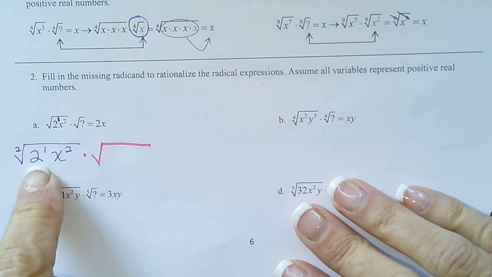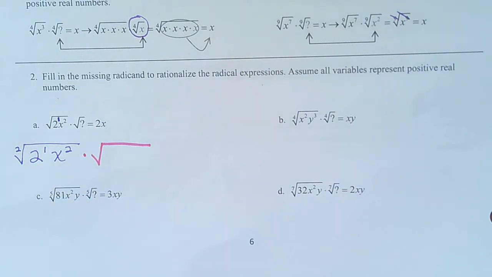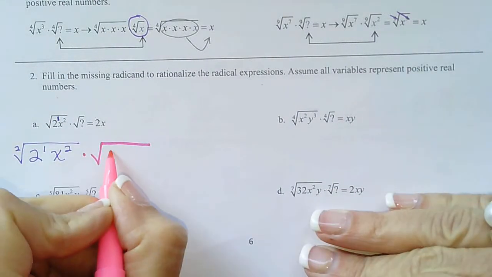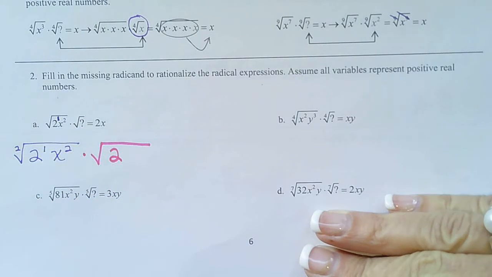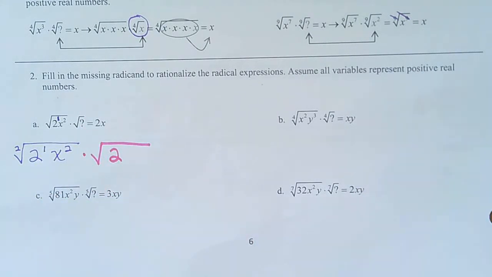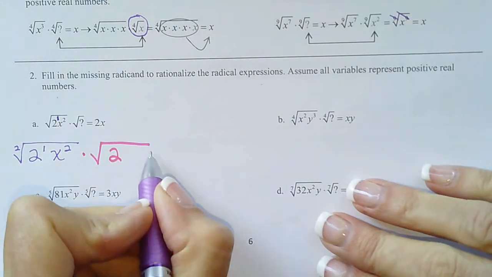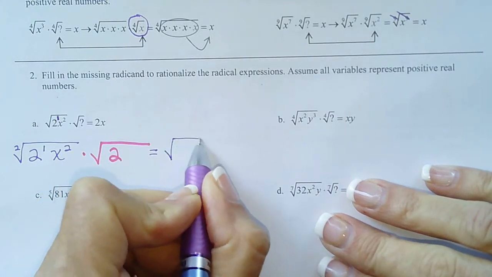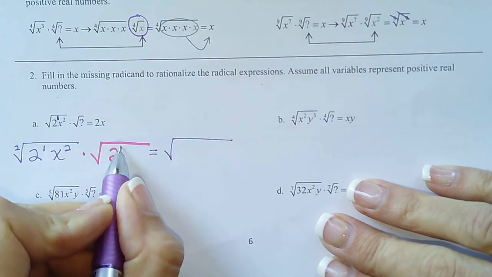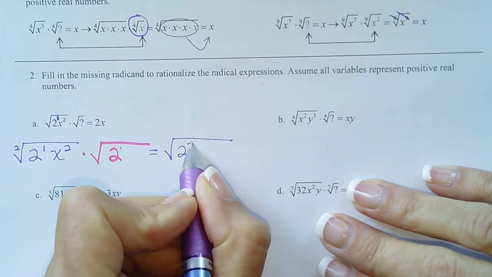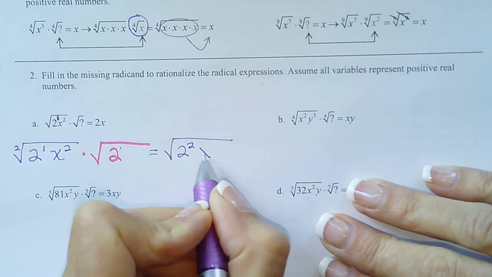So I have 1 2. Don't I need 1 more? Do I need any more x's? No, I do not. Because look what happens. When I multiply these, I'm going to have 1 plus 1, 2 2's. And I already have 2 x's.